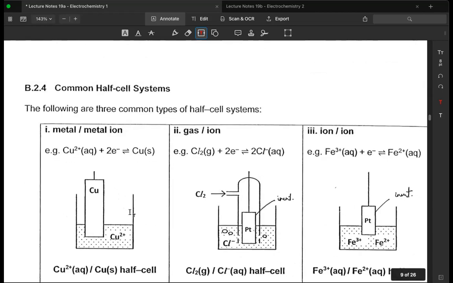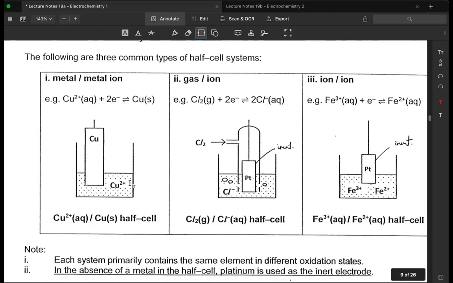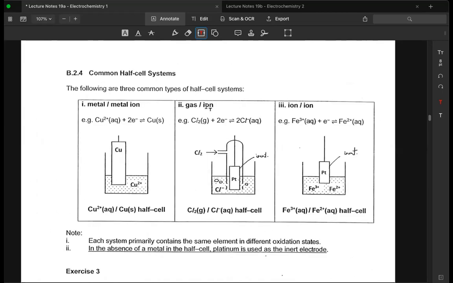So these are the common half cells: metal ion, gas ion, and ion ion. Gas ion is similar to what you see in SHE. Metal ion is the earlier example of magnesium. The other one is the ion ion, where you have 2 different types of ions, for example Fe3+ and Fe2+.